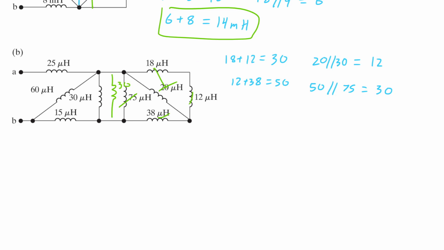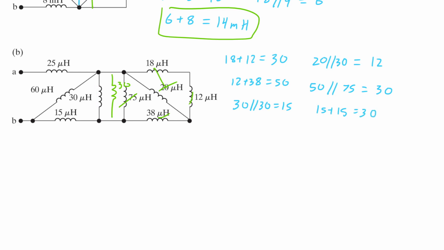So now you can see, hopefully, that the 30s are in parallel with each other. So 30 in parallel with 30 is 15. That new 15 ends up being in series with the other 15. Now 15 plus 15 equals 30.